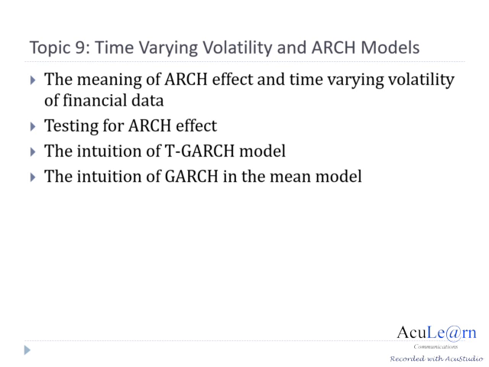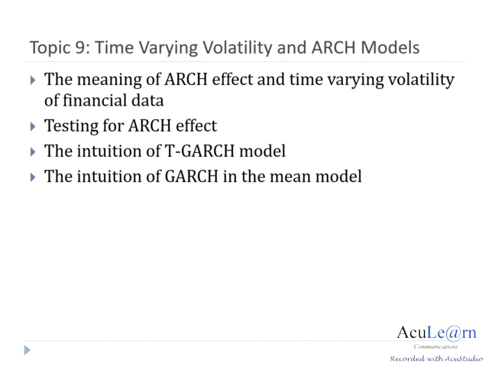And finally, we have the GARCH-in-mean model. GARCH-in-mean also captures the intuitive idea that in the market, people should require excess return or risk premium for the risk they take, right?